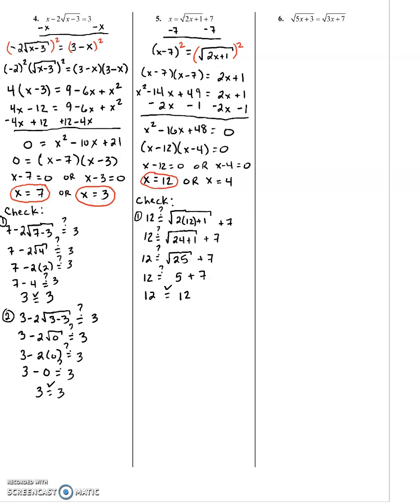What about x equals 4? So let's check that. So we would have 4, and we need to know if that equals the square root of 2 times 4 plus 1, and then plus 7. So 2 times 4 is 8.